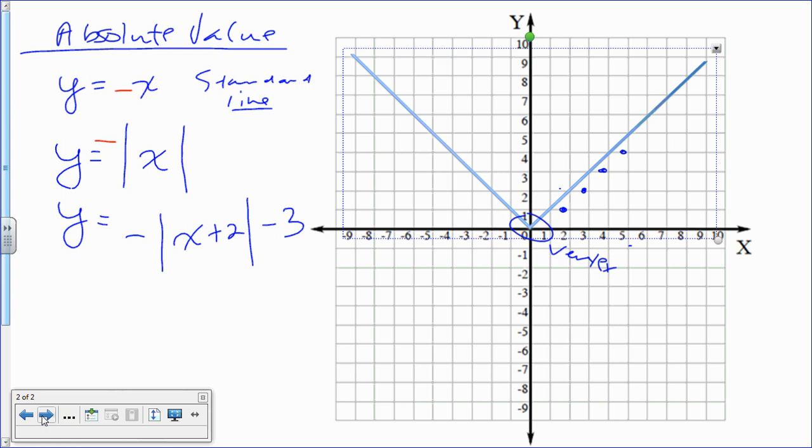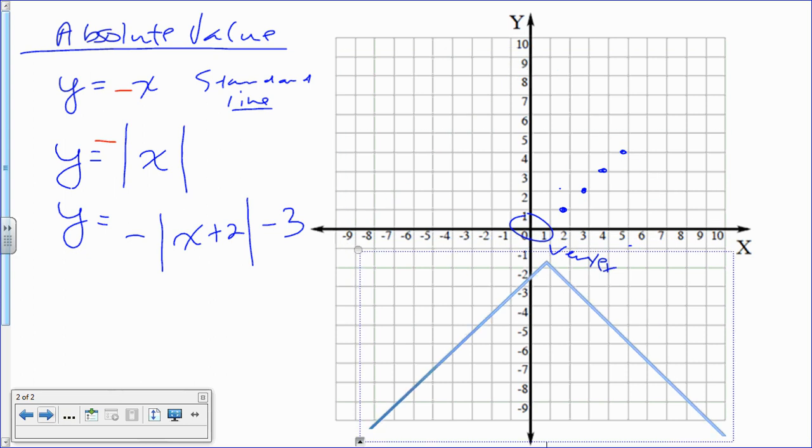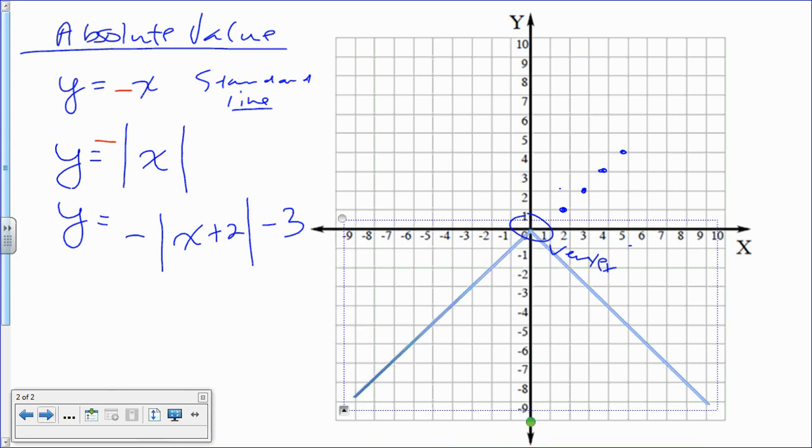What's my slope? Treat absolute values just like variables. If there's no number in front of it, it's always understood to be what? 1. So my slope is going to stay the same, right? So I don't need to close it up or make it wider, do I? Okay. All I need to do is flip it and get my vertex down on 0, right?